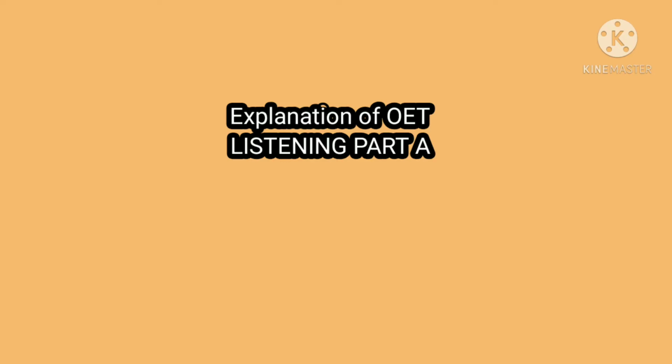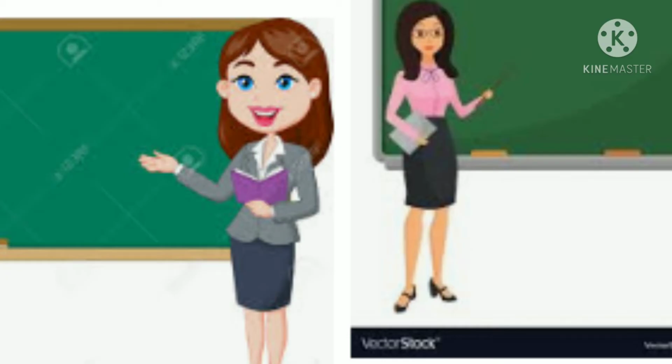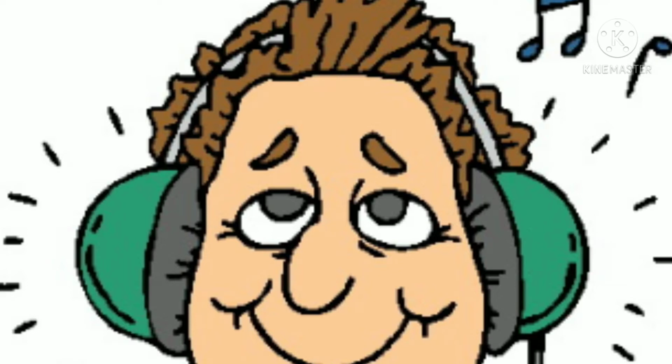Today I'm going to discuss listening part A, and let's see how we can tackle this part and achieve a full score in it. First of all, in part A you listen to a recording of two consultations between a health professional and a patient.